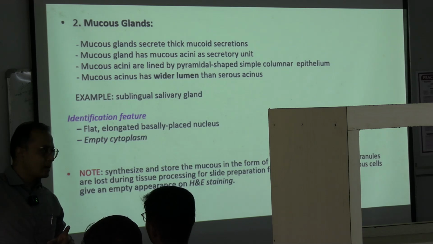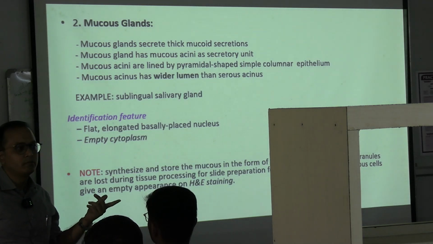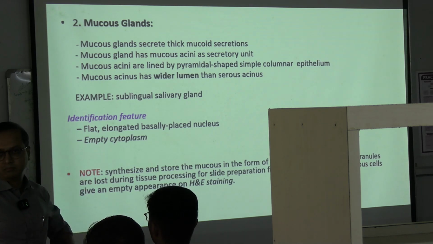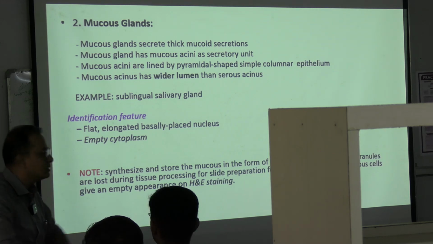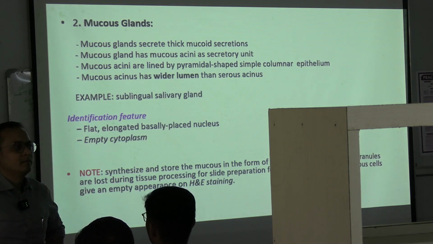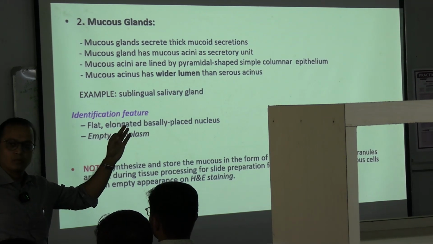You have two factories. One factory is producing very sticky material, just like chewing gum, and one factory is producing watery milk, right? So you need to create a tunnel to take these things out. What kind of tunnel are you going to make? For watery? Narrow.